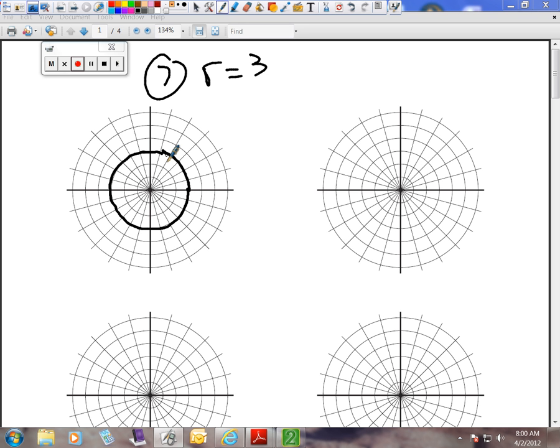Now do number 8. This time we want a graph of where theta is going to equal 60 degrees in every case. Okay, what should I draw this time?